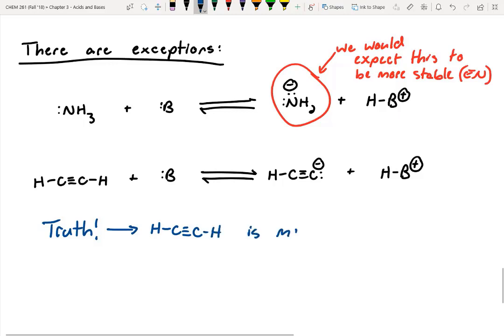It is more acidic. The reality is nitrogen isn't that electronegative, and in this case, orbital hybridization is more stabilizing than nitrogen having the negative charge. Like I said, the CARDIO rules are just general guidelines. They work about 90-ish% of the time, but there's those weird examples that might bend the rules a little bit. Does that make sense? All right.